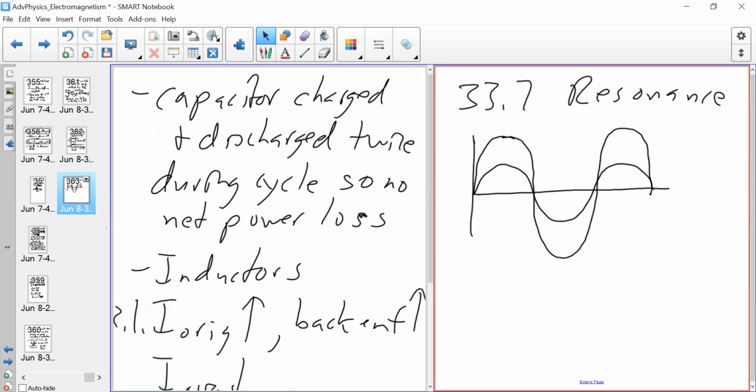Even though the current is larger in magnitude than the voltage in a resistor in a purely resistive circuit, the important thing here to consider is that the max voltage and max current cycle the same way. They are in phase with each other. So their cycles happen at the same time. And that's a picture of what it looks like to be in phase.